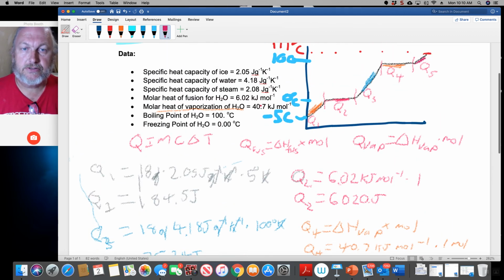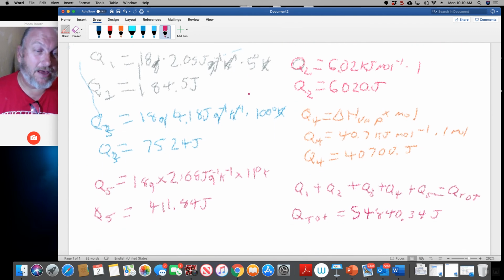The most significant figures I've been dealing with is 3. So I'm going to tell you what I'm going to do. I'm going to convert this now to kilojoules. That means there is 1,000 joules, so I'm going to divide by 1,000, which means I'm going to move my decimal over 3 times. And if you put this down, I'd probably maybe give you credit, but don't chance it.